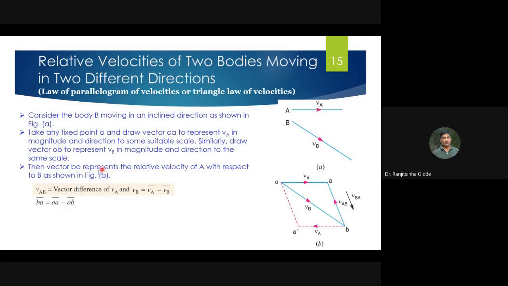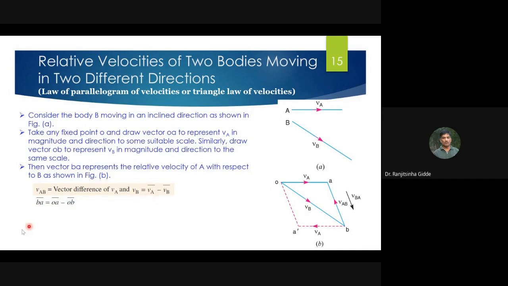Vector BA represents the relative velocity of A with respect to B. How to write that? Vector BA is equal to OA minus OB.